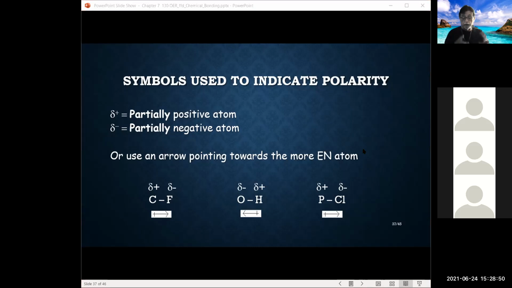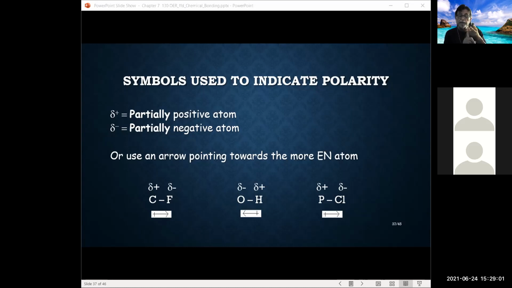So in general, number 1, if all the bonds are nonpolar, the molecule is nonpolar. Number 2, if the molecule has all polar bonds, generally it is a polar molecule, unless the polar bonds cancel out. Look at it that way.